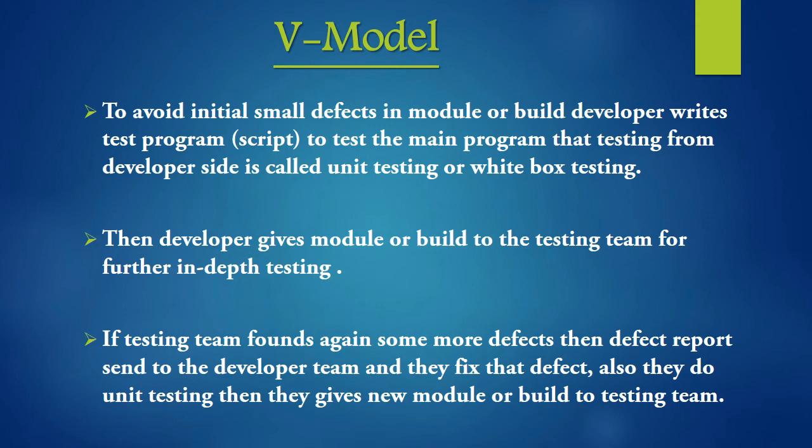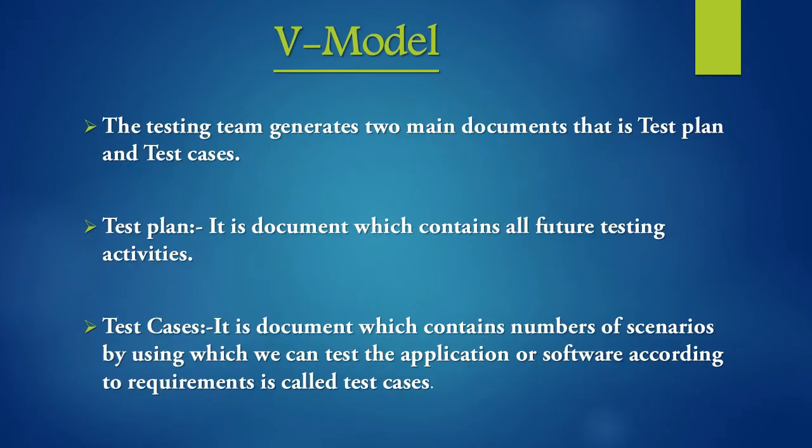If the testing team finds more defects, then defect reports are sent to the developer team, and they fix those defects. They also do unit testing, then they give a new module or new build to the testing team. The testing team generates two main documents, that is the test plan and test cases.